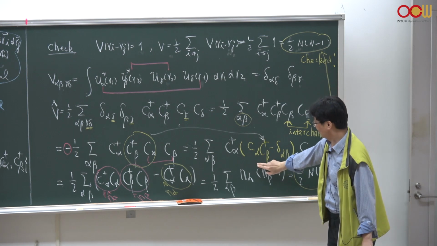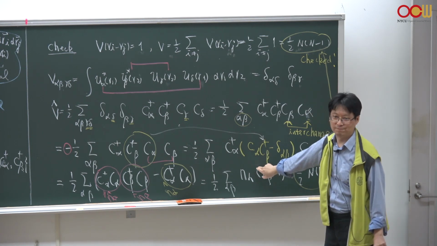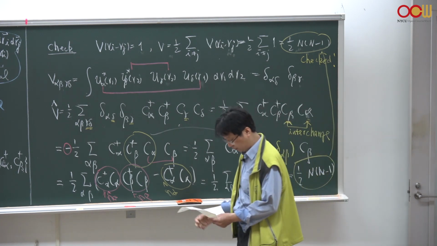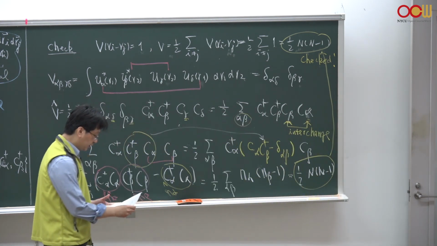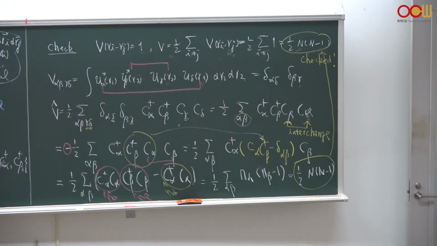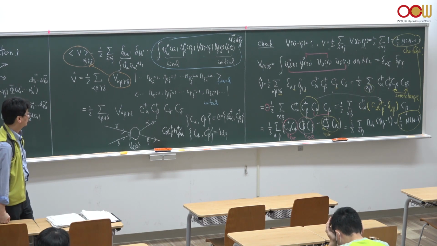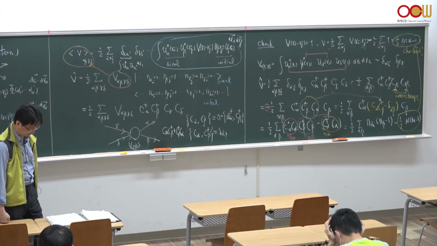But this second quantized method always works. So that is the power of second quantization, and we could take advantage of such a nice property of the second quantized fields and their anti-commutation rules for fermions, and then we could define those interactions either in real space or in K-space, which we'll discuss in just a moment.